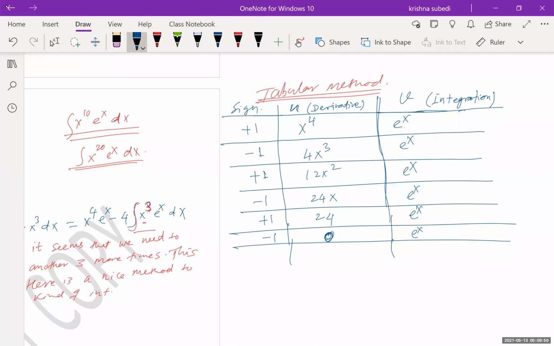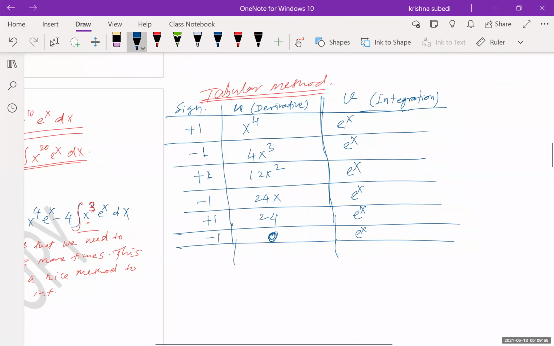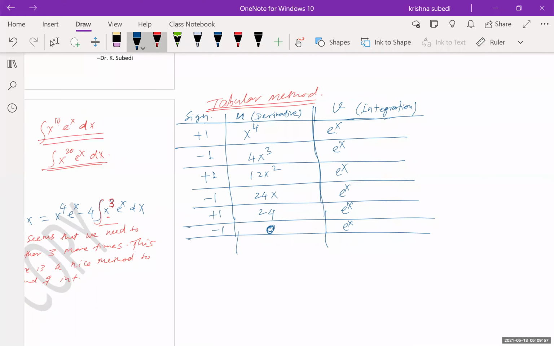Just write it down. So we are done actually. You already found the integration for this. All you need to do is write this in a nice way. Okay, how do you write that? Well, always start with this one goes there. This guy goes one step down. Just do this.